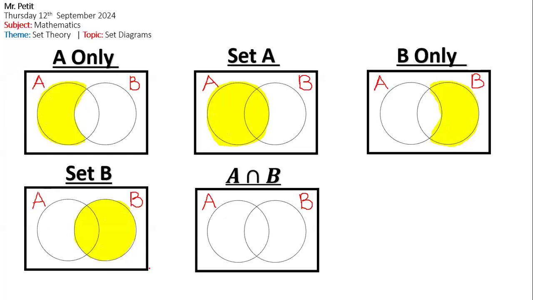Carissa Clark, do you understand so far what we're doing? Yes, sir. What does the intersection refer to? The middle section. An intersection is where set A and set B have common elements.